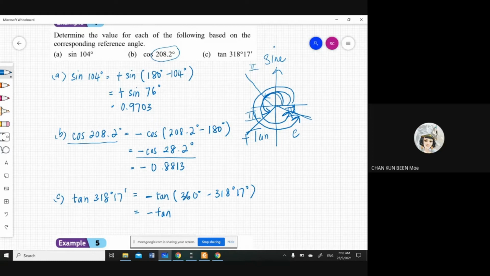This is supposed to be 17 minutes, not degree. So you can change it to 359 degree and 60 minutes. You minus 318 degree, 17 minutes. At the back, you will get 43 minutes. For the degrees, 359 minus 318 gives 41 degree. So it's 41 degree, 43 minutes.